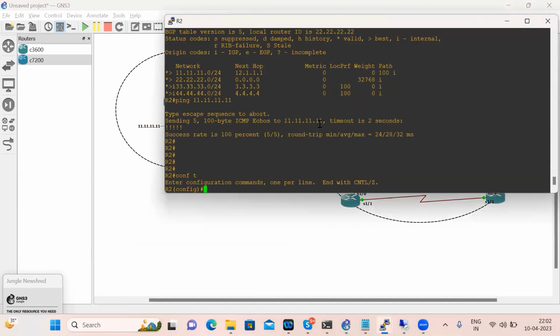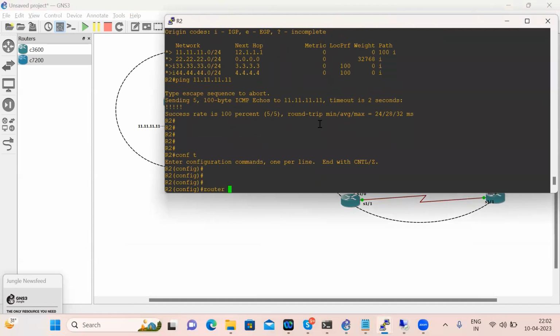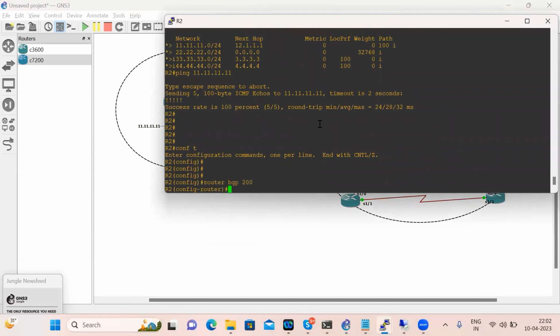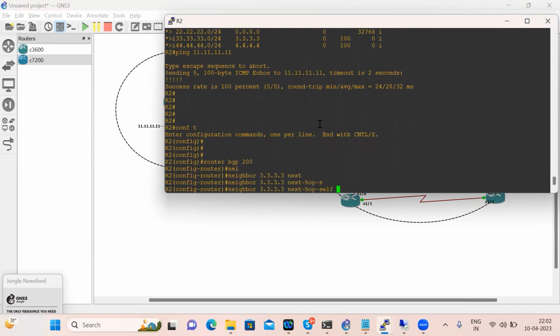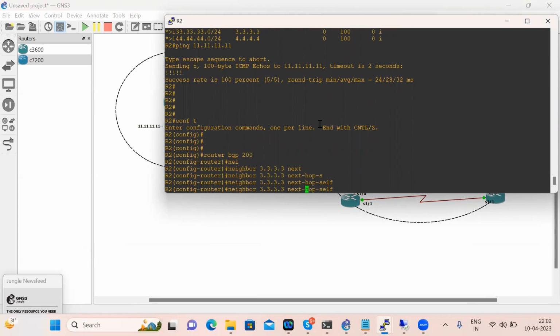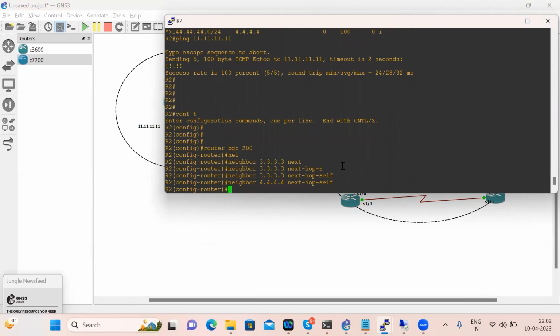Go on router 2, come into router BGP 200, and for neighbor 3.3.3.3, always say next hop self. Same for 4.4.4.4. Whenever you advertise any of your eBGP network to 3.3 and 4.4, always add next hop self, your IP address as the next hop IP address.